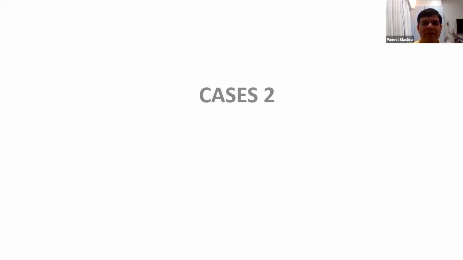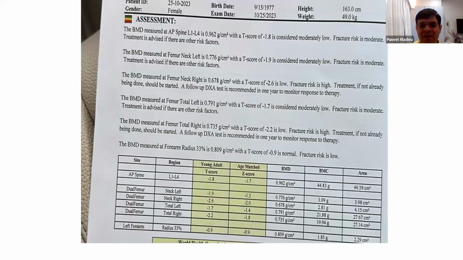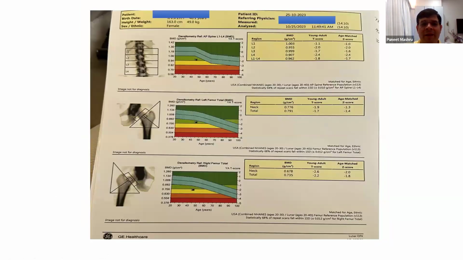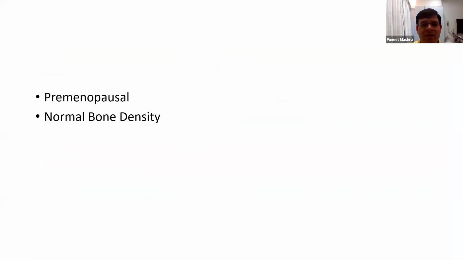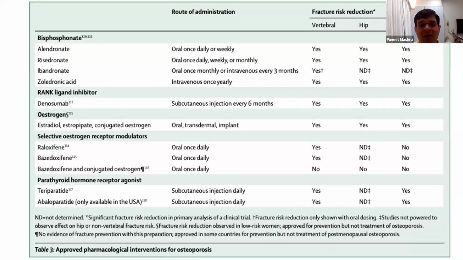Coming to the next case, this is a 46-year-old lady who was told that she is going to have a fracture because her hip T score was minus 2.6, but this patient is premenopausal. So in this patient, we look at the Z scores and not the T scores.